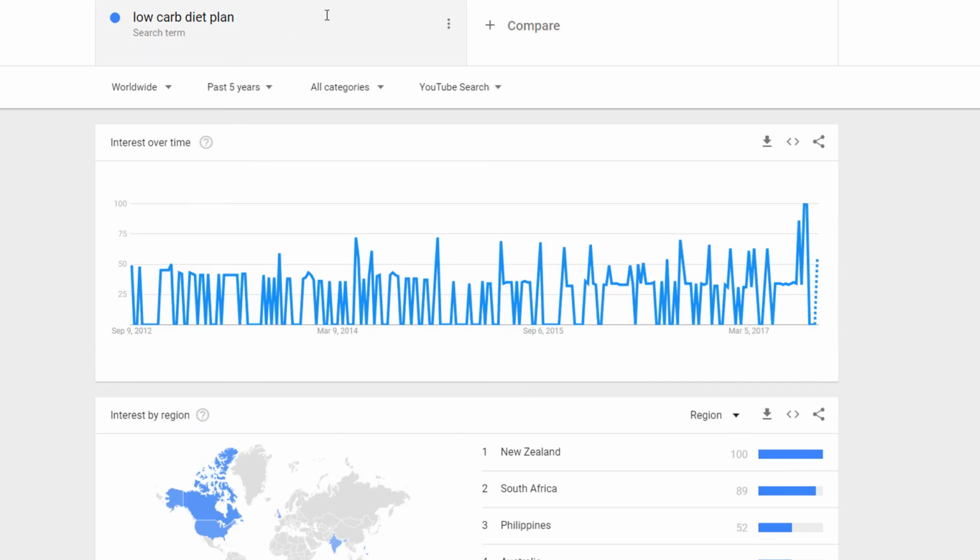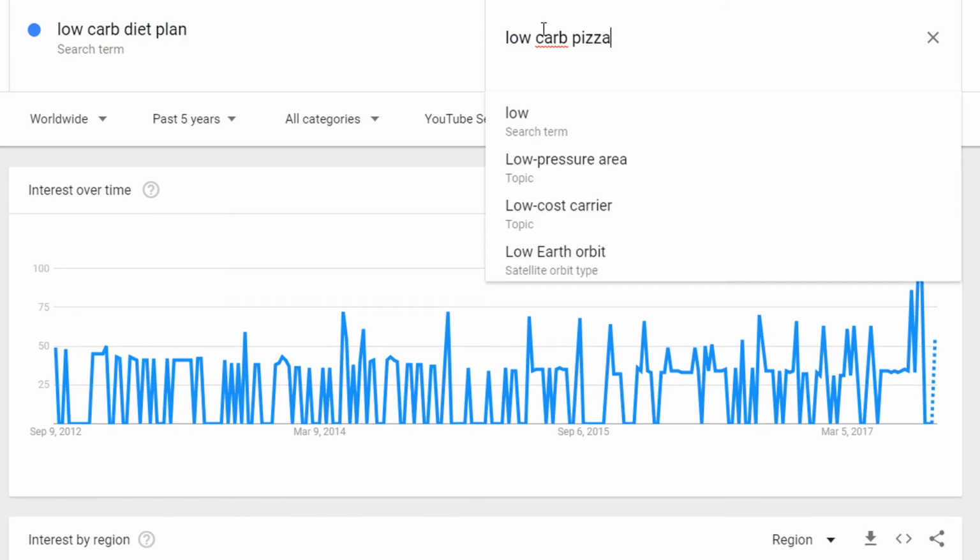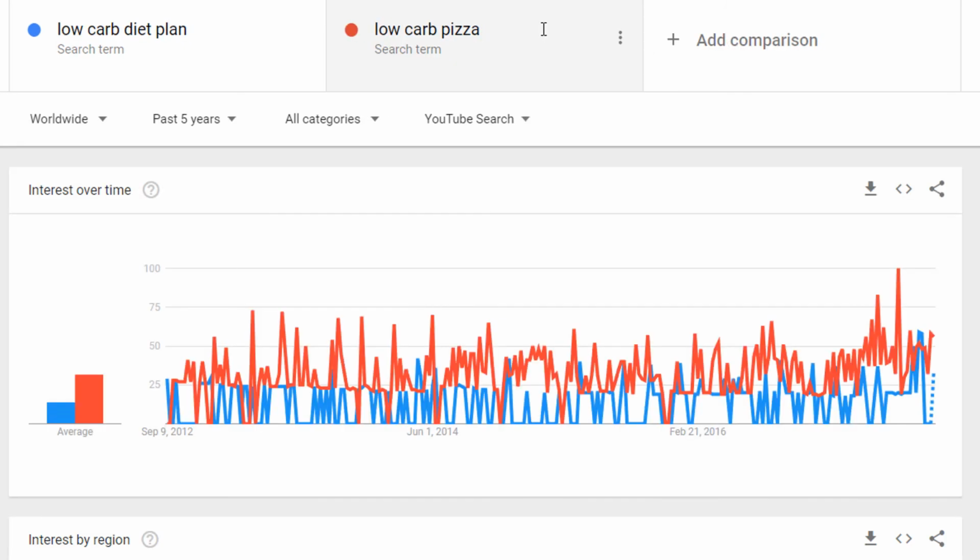Let's take another low carb comparison. Let's say low carb pizza. So low carb pizza is much more popular than a low carb diet plan on YouTube. So we can see this phrase. So if you're considering a couple of different keyword phrases that you want to target, because a lot of times for coming up with keyword phrases for YouTube, we'll use the smart search over on YouTube.